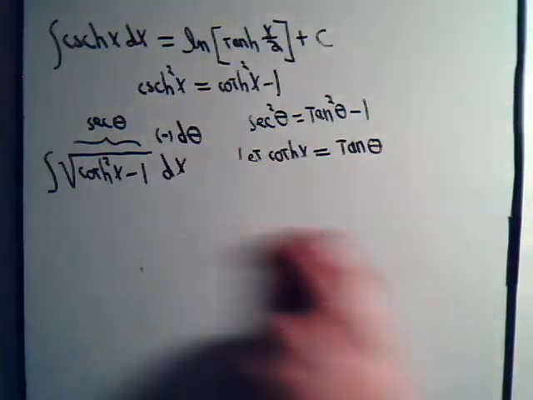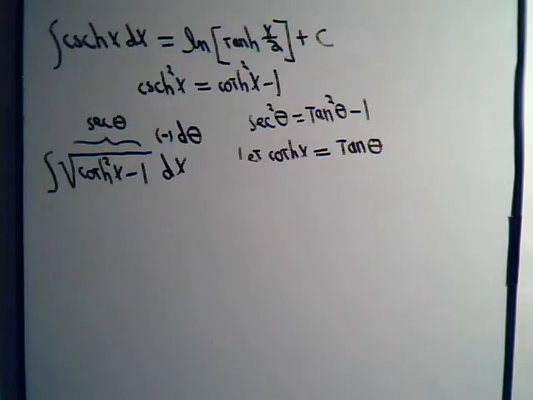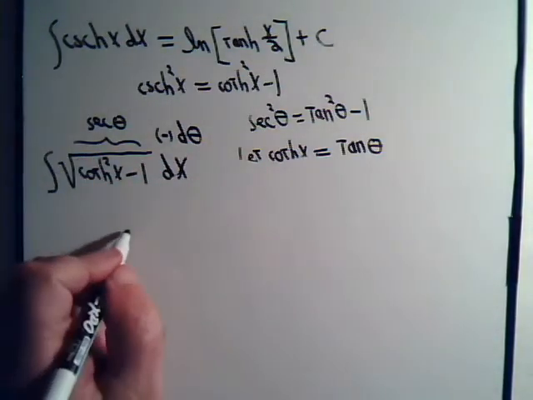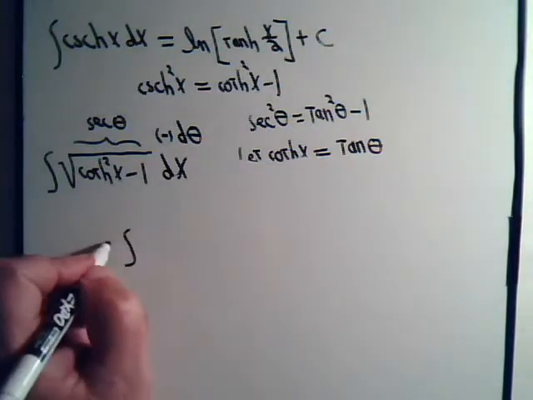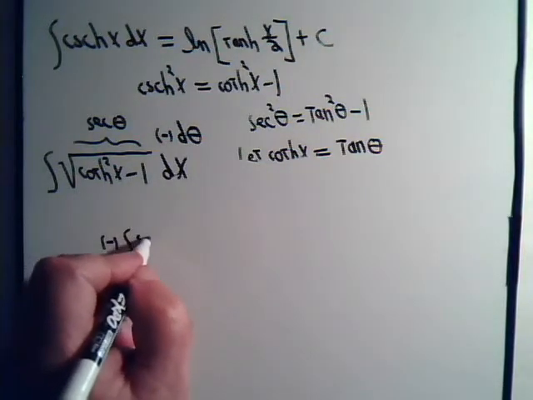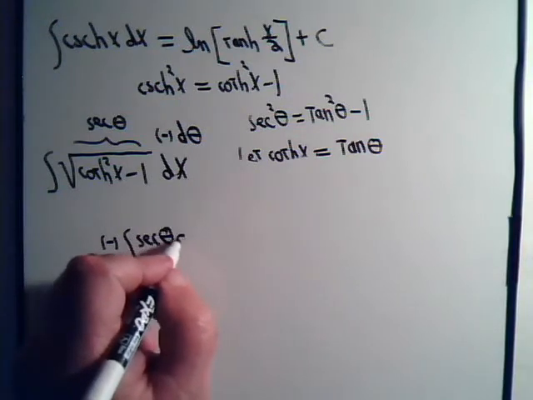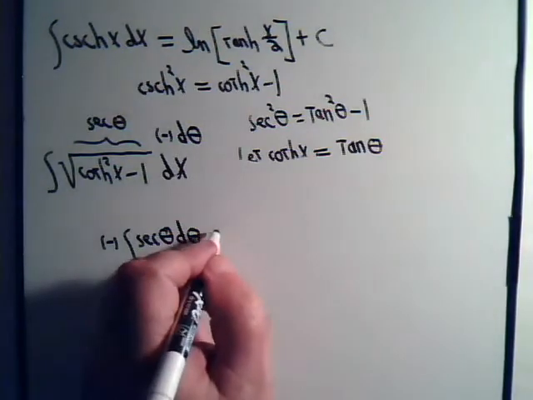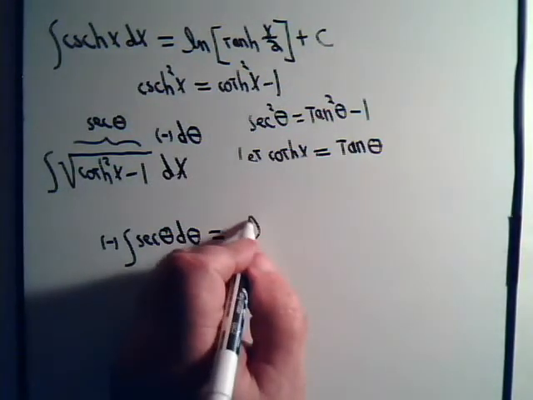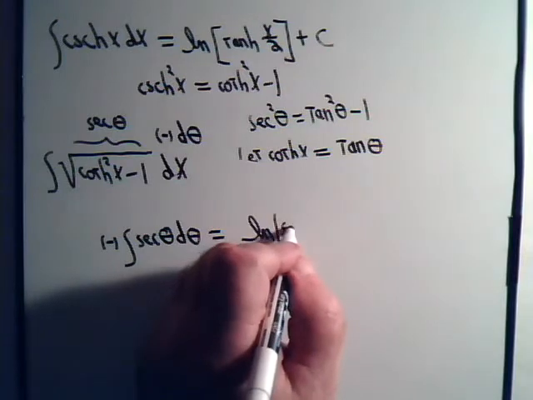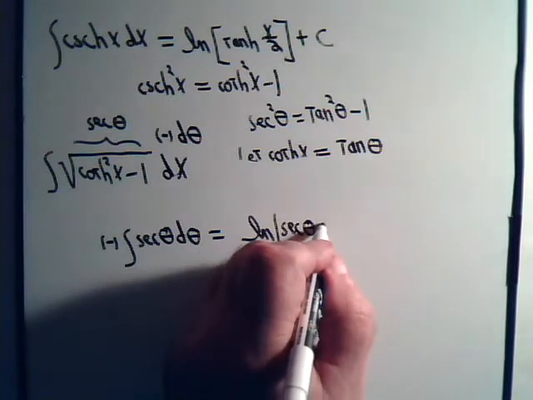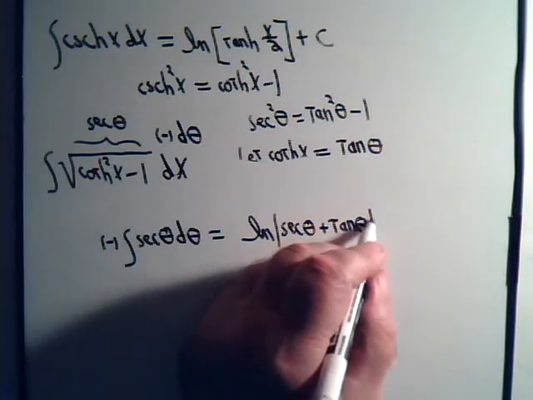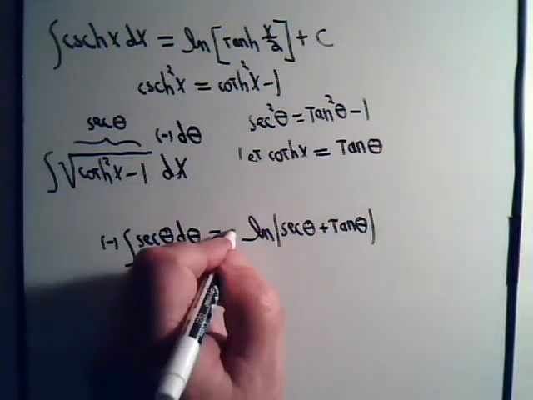So this integral here now becomes the integral of minus the secant of theta d theta. And the integral of the secant of theta, hopefully you recall, is the natural log of secant of theta plus the tangent of theta. And we have a minus sign here.